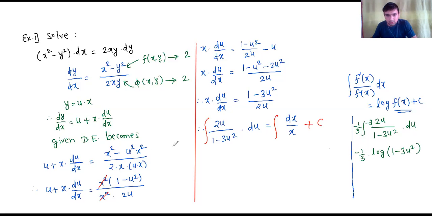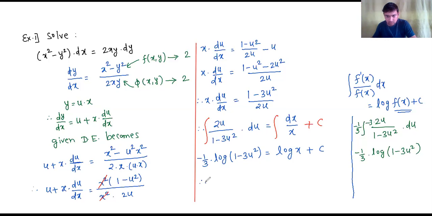राइट? सो क्या बन जाएगा यहाँ पे? What is this integration? -1/3 log of 1 minus 3u square which is equal to log x plus c. Is it right?